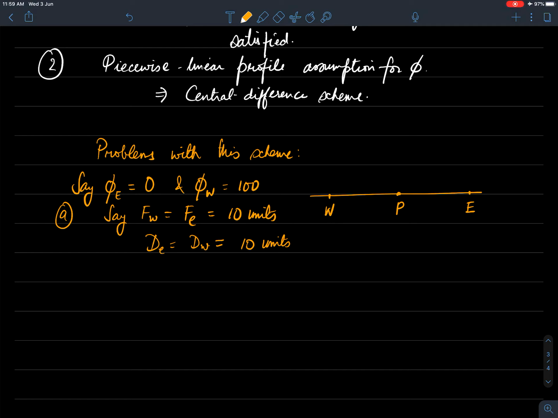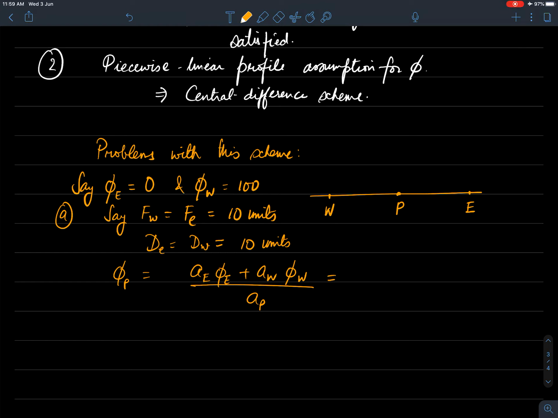Now how can DE be equal to DW? That basically depends on the grid spacing. So let me say it's a uniformly spaced grid. Now once this is taken care of, I can calculate phi P to be AE phi E plus AW phi W by AP.